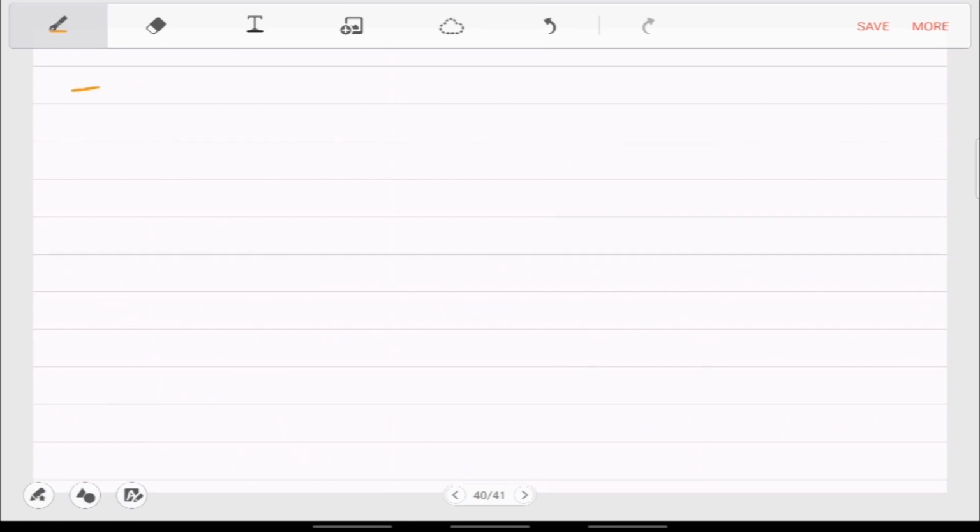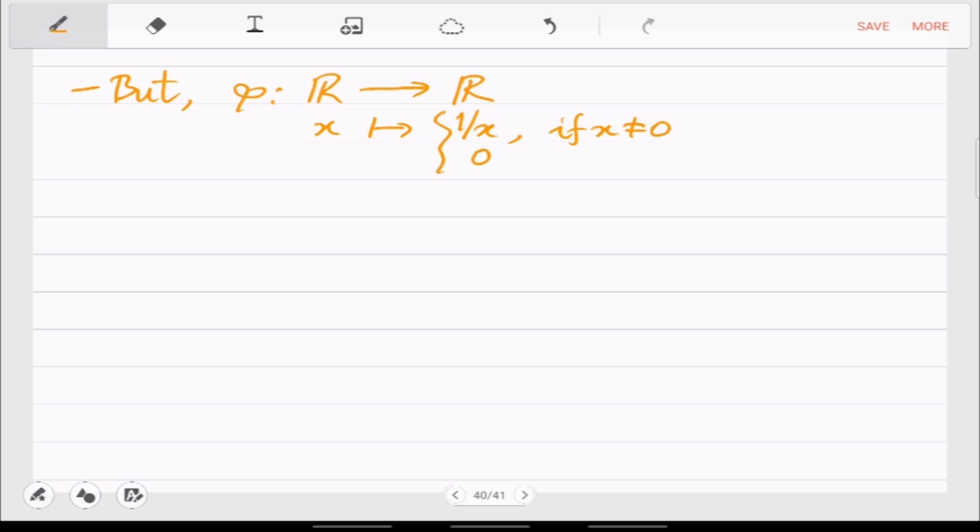And the opposite example is, if you looked at the whole real line, you send x to 1 by x when it's defined, else you send it to 0. Right, so what will be the picture now?